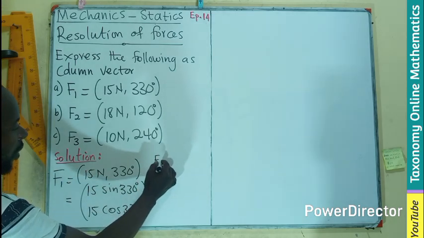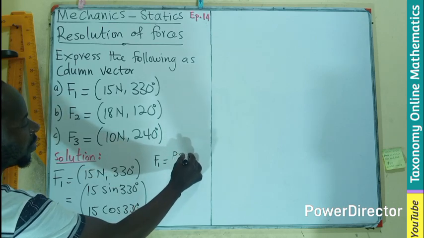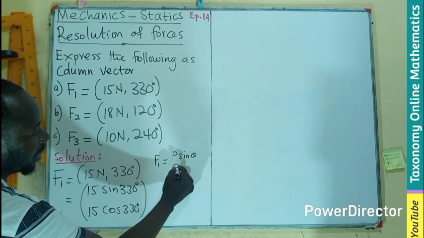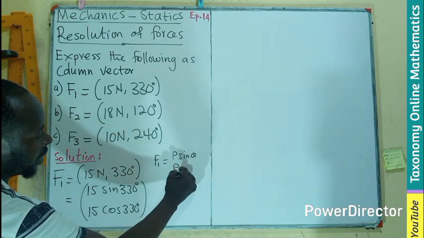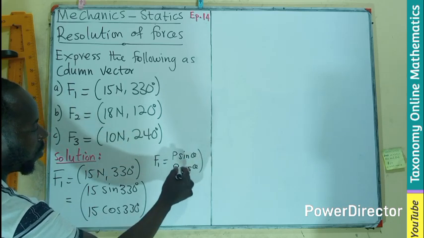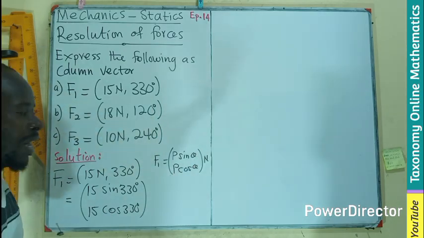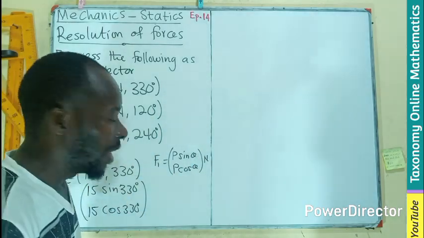Remember, the force is going to be P sine theta on the first row, then P cos theta on the second one, showing the components on the x and y axes.